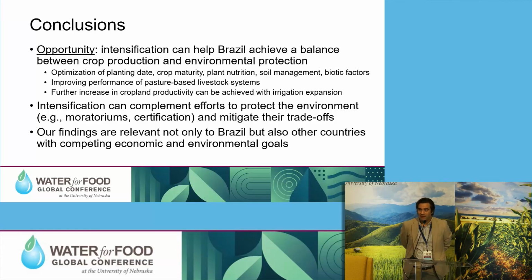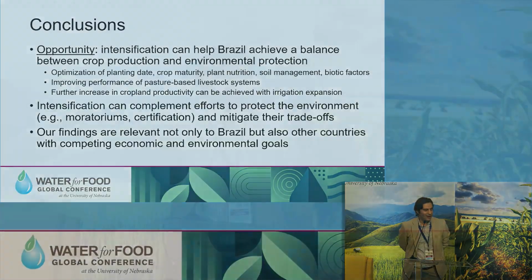So some key conclusions from our study. First of all, I do believe that there is a great opportunity for Brazil to intensify their systems, and by doing so, show that it is possible to achieve a balance between environmental and economic goals. What is needed to achieve intensification?